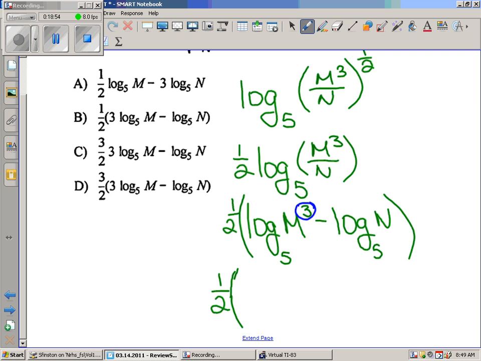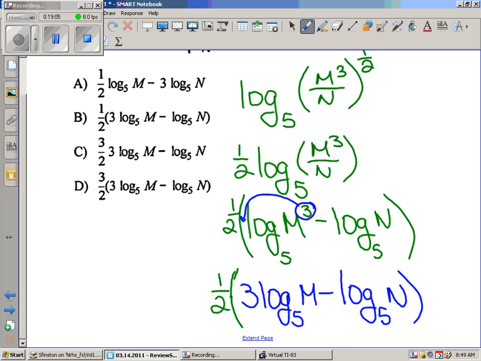What I keep forgetting to do is this has got to come down in front. So we're going to do this in blue. 3 log 5 m minus log 5 n. There you go. Which one is it? Yeah, it's B.